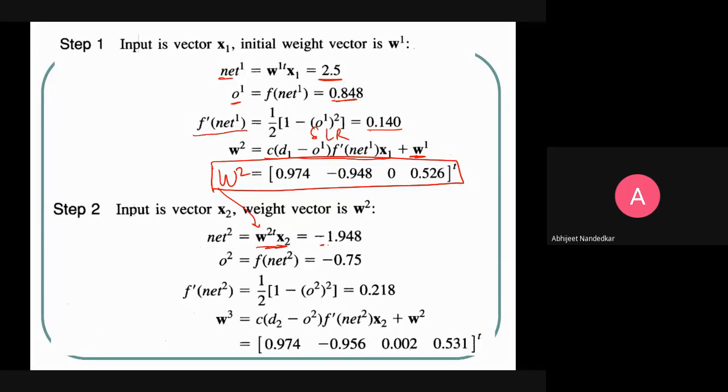I compute net 2, which is minus 1.948. So I put into again activation function, it gives me minus 0.75. Then I compute f dash and it is 0.218. Then I update weight by adding to W2 the current change in weight. It gives me W3.